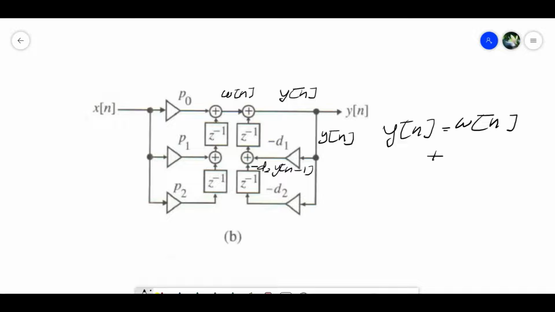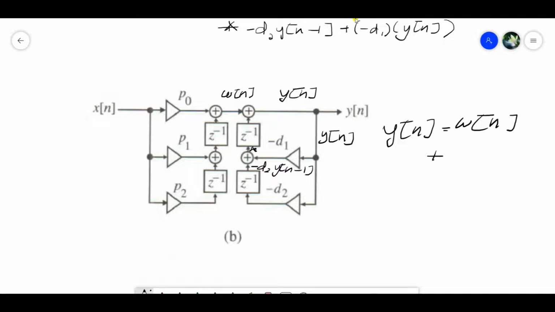At this point, let's draw here. So we have minus d2 y n minus 1 plus negative d1 times yn.